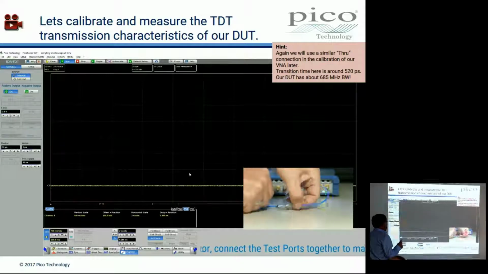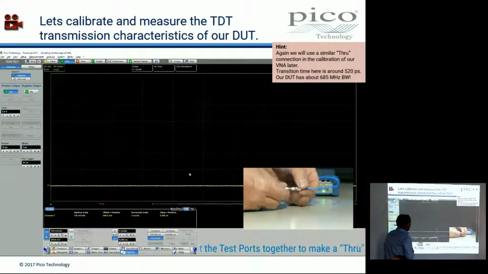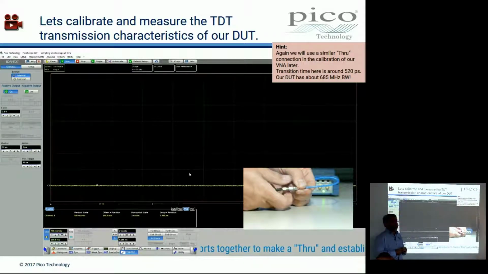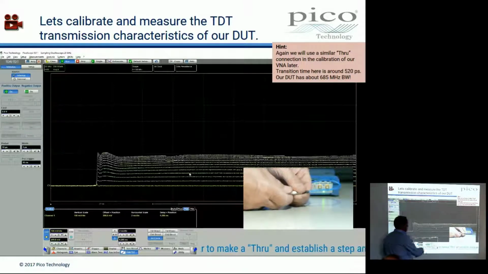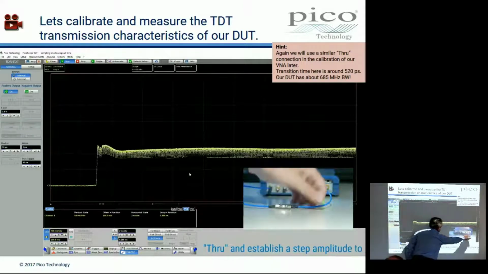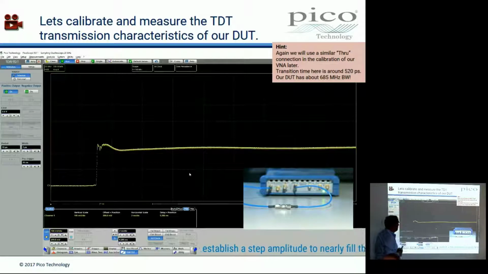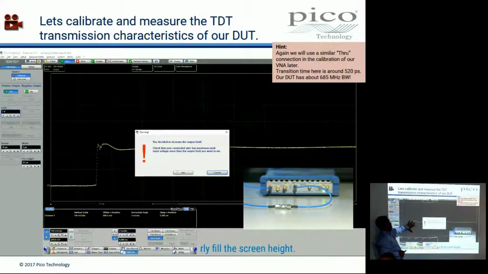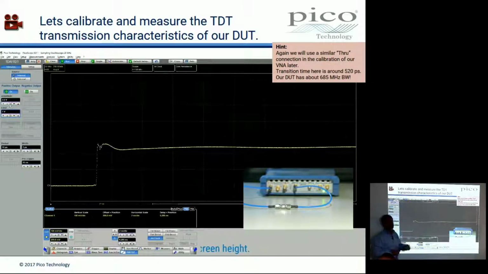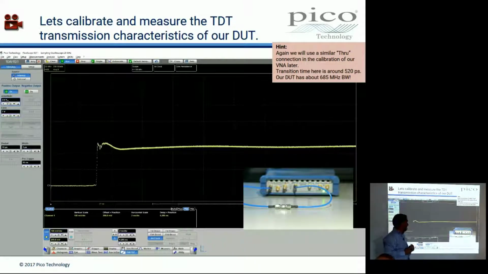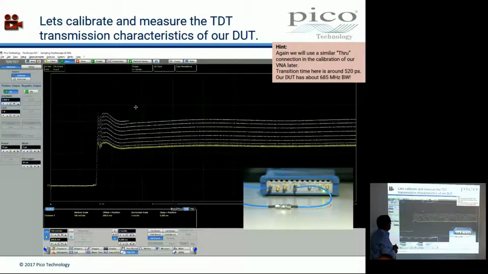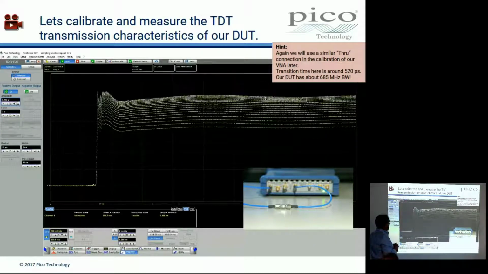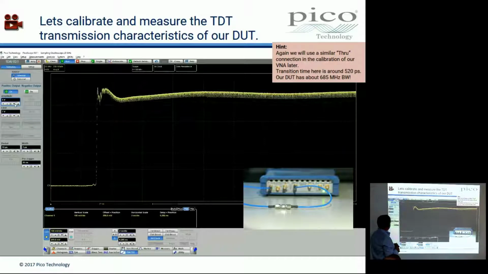All right, so I'm just going to connect the two leads together. So I'm going to send signal directly from the pulse generator straight into the channel, sorry, into the oscilloscope. And you can see it's a distorted pulse. This is all distortions of the pulse generator itself, not of the cable. And we're going to calibrate that in a minute.